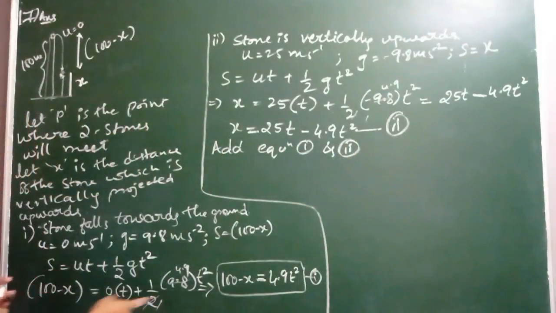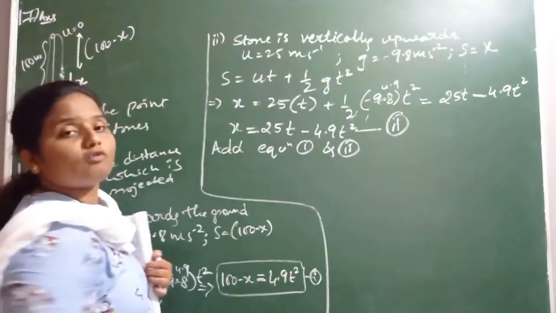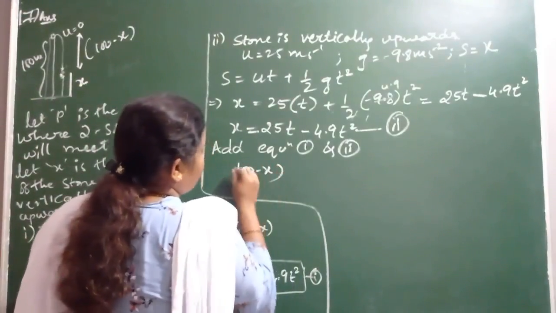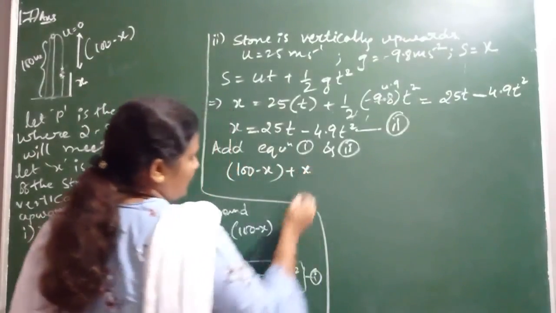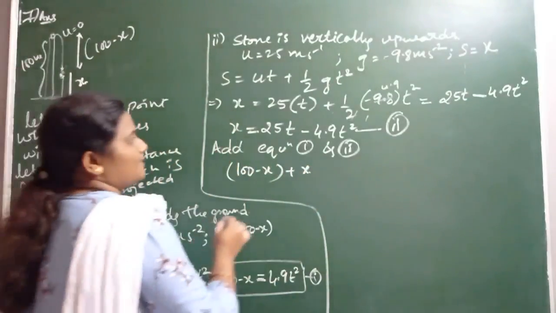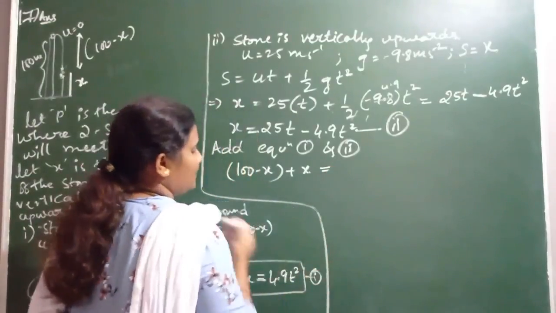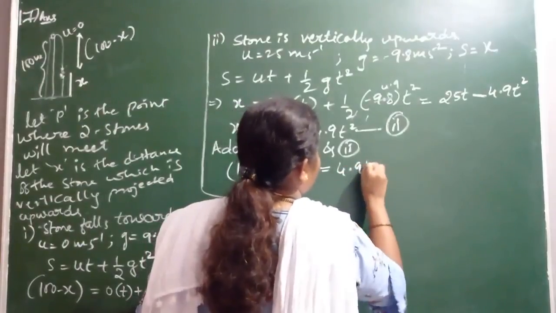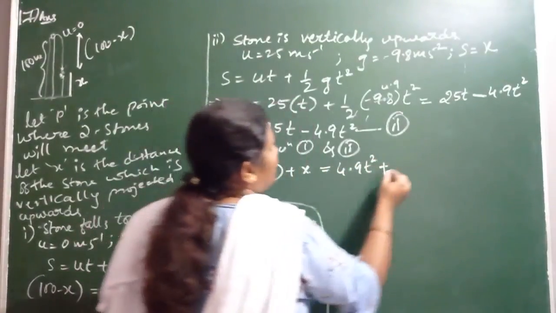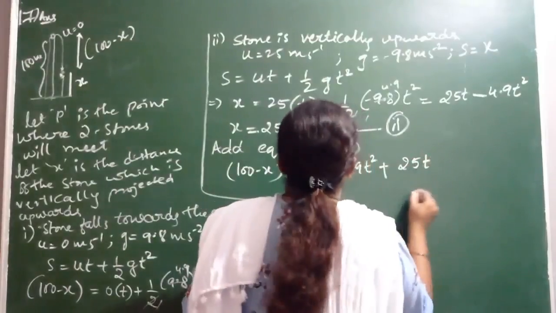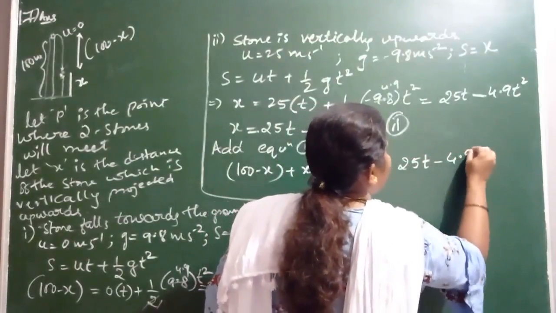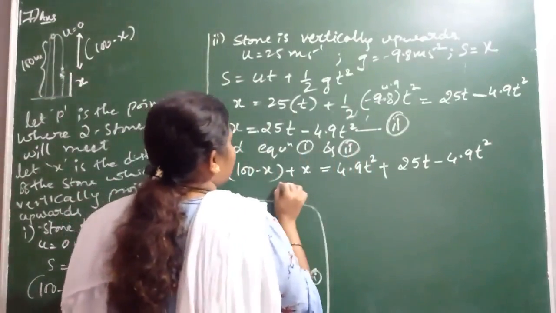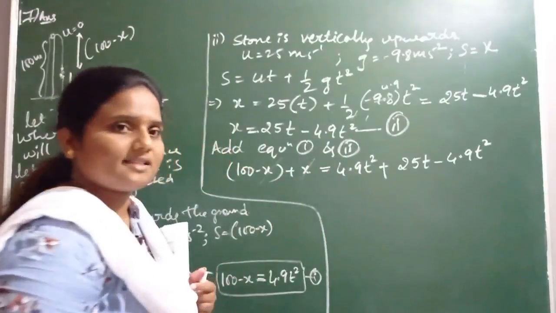So, what is the equation number 1? 100 minus x is equal to 4.9 t square. Let us take all on the left hand side once. Then what is left on the right hand side? 4.9 t square plus 25 t minus 4.9 t square. Isn't it children? So now this x gets cancelled.